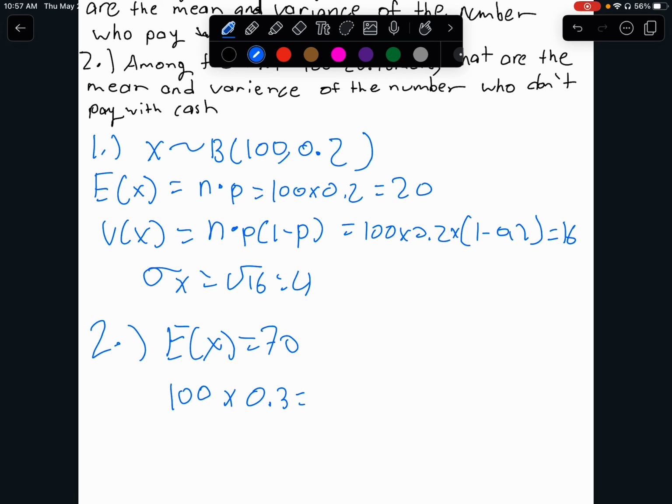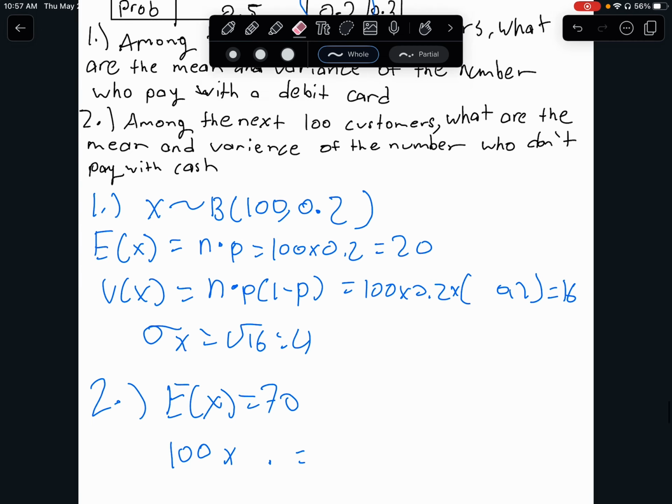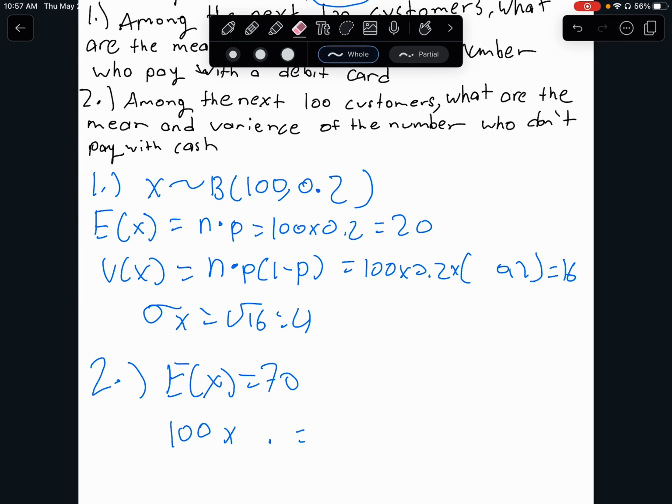Sorry, not 0.3, I apologize, because the probability is 0.7, since you're adding 0.5 and 0.2. And then as we move on, we do the same thing for variance, where Var(X) equals 21.